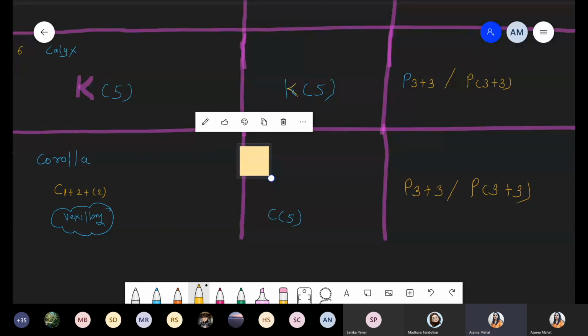Chalo. Now next point, that is androecium. Just 1 second. Chalo. So number 8, androecium.